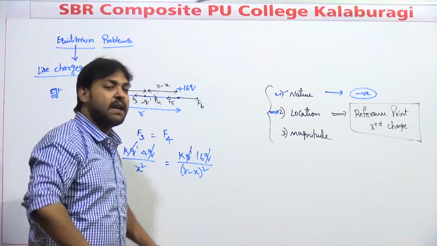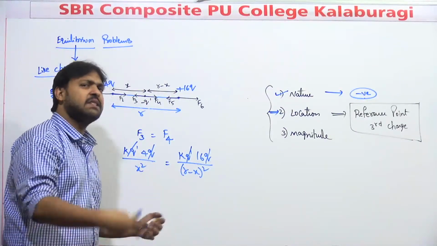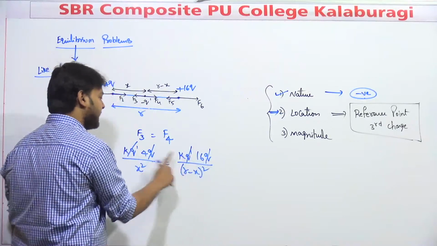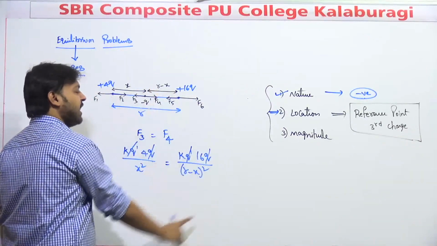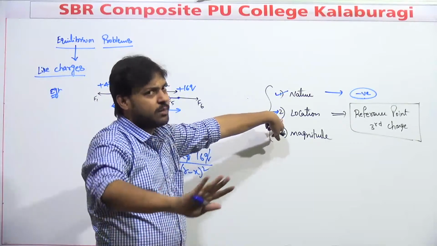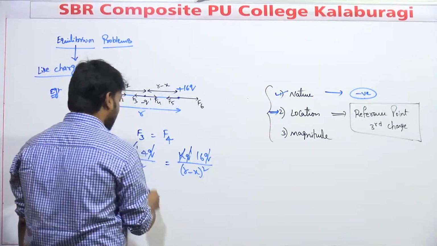But I don't want that. I want only in terms of r, x and some constant. I don't want q and q dash, so those should be cancelled. Definitely you have to stand on the third charge and write for location. Remember that point. Don't be confused. Now k and k also will be cancelled.